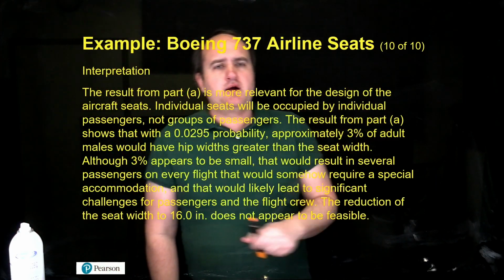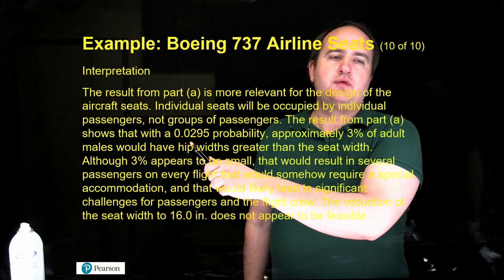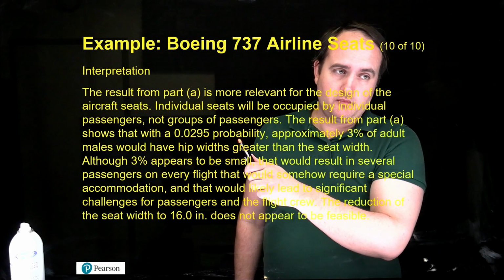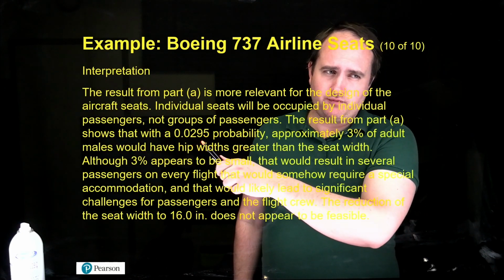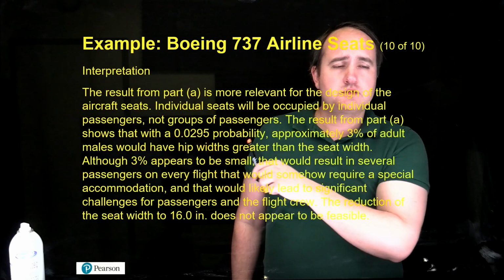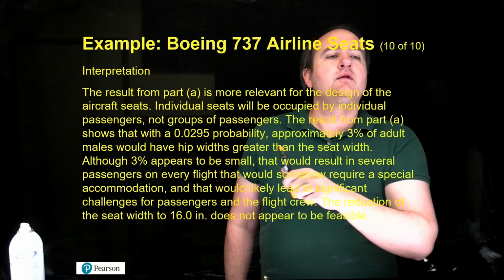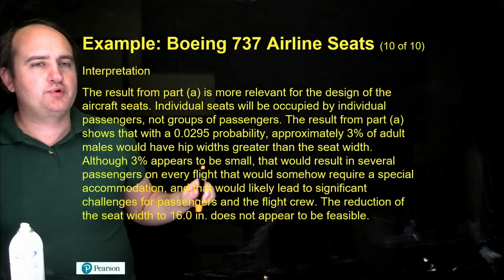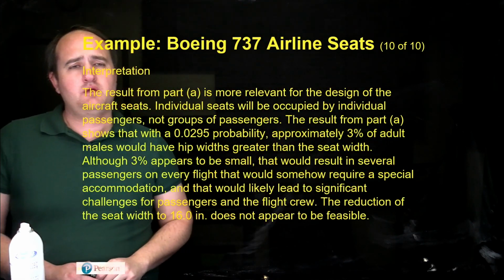So the result from part A shows that with a 0.0295 probability, they might have gotten a slightly different number than we did because they used technology. That's saying that approximately 3% of adult males would have hip widths greater than the seat width.